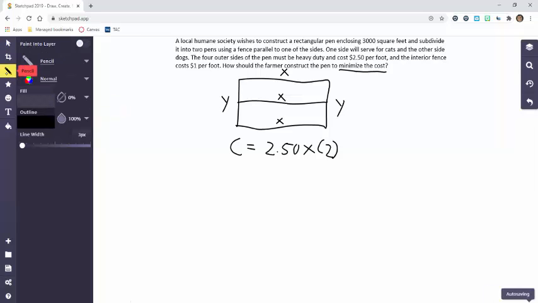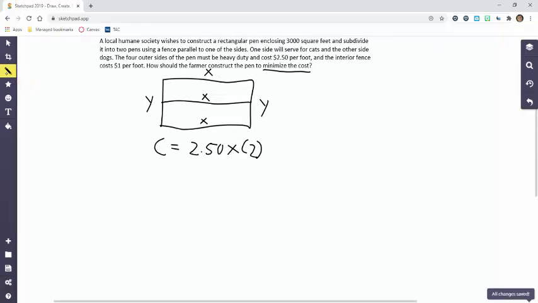So I'm going to actually multiply that just by 2, not 3, because there's only two outside sides. And then we also need the heavy duty fence on the two Y sides, so I'm going to do 2.50 times Y times 2 as well, because we've got the two outside sides. Now for this one inside length, that can be made of the cheaper material. So we can just charge $1 a foot times X.